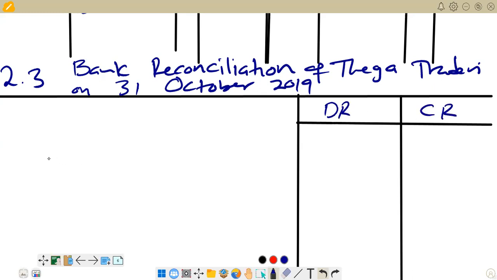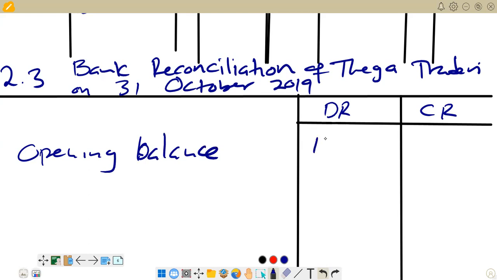So we have got our opening balance. We are saying it's unfavorable, so it will be on the debit side, which is 116,237. So it means when it's favorable, it will be on the credit side of the bank reconciliation.